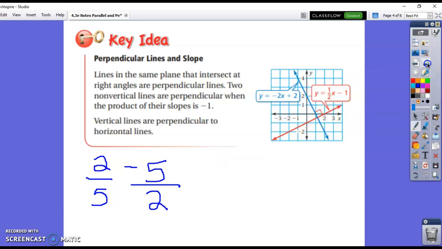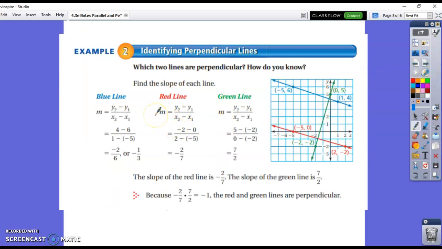All right, so let's look at an example here. So the blue line, if you count, you go down 2 over 6. Down is a negative movement, to the right is a positive. So it'd be -2 over 6, and you can reduce that to -1/3.